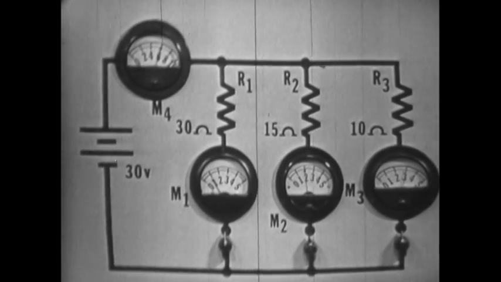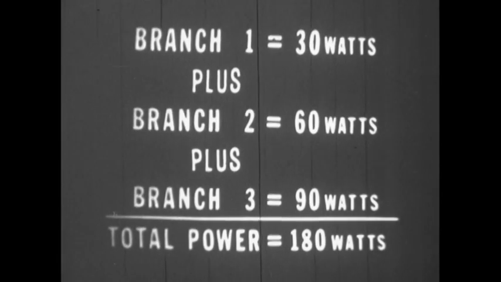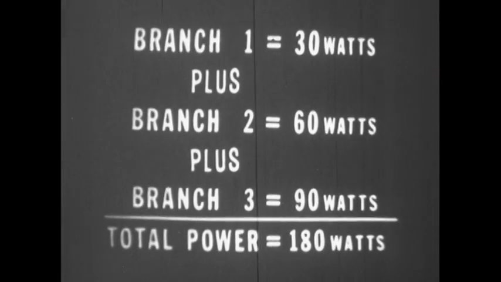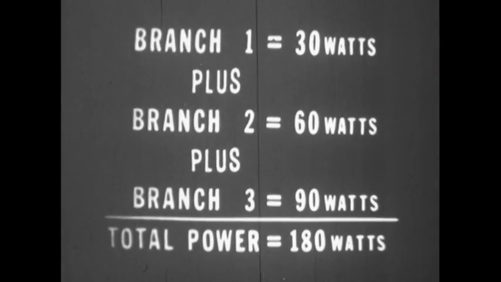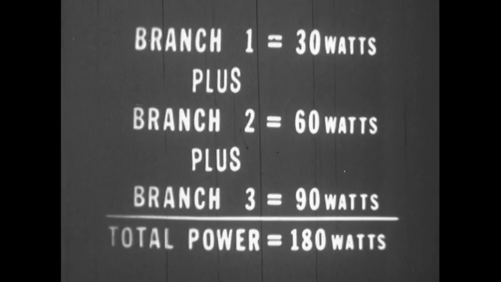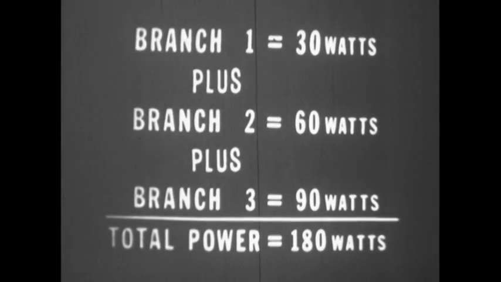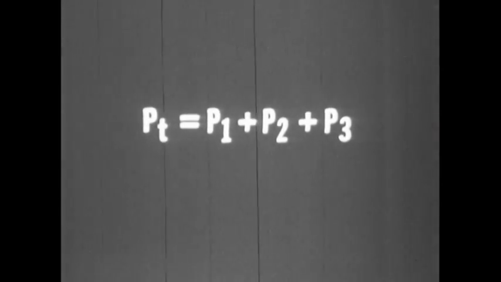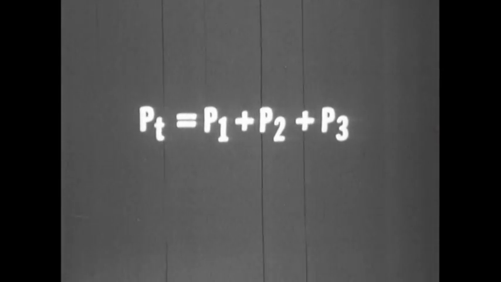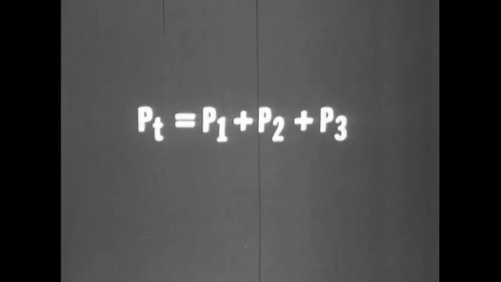So let's see. We have 30 watts for branch 1, plus 60 watts for branch 2, plus 90 watts for branch 3. This gives us 180 watts of total power dissipated by the circuit. Stated in a formula, we would have total power is equal to power 1 plus power 2 plus power 3.